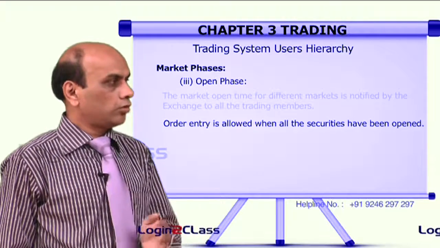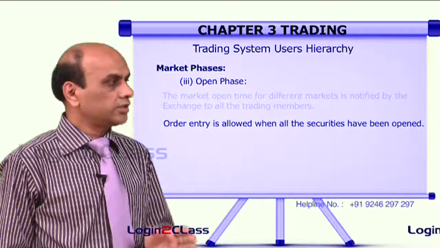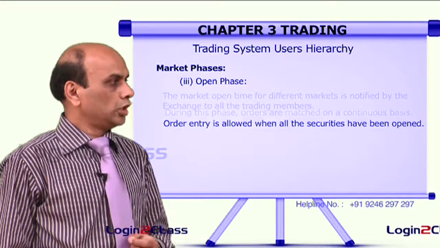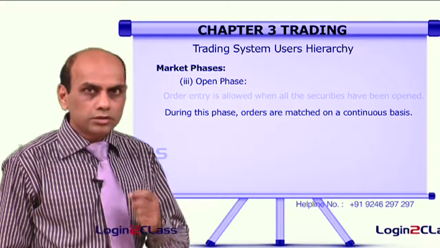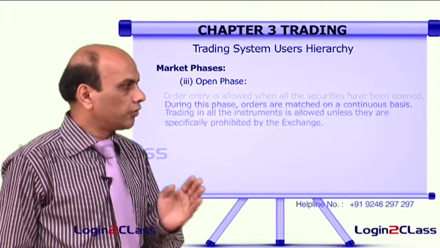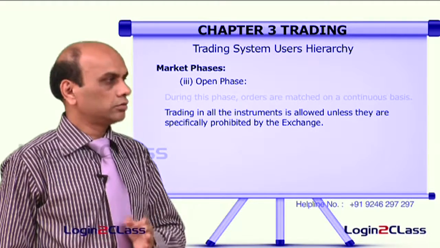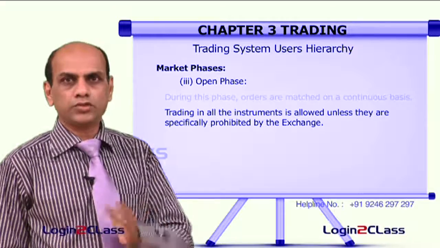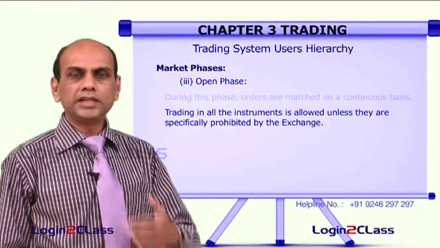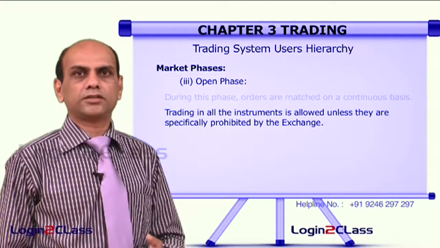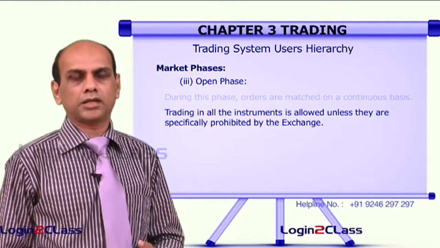Order entry is allowed when all the securities have been opened during this open phase. During this phase, orders are matched on a continuous basis. Trading in all the instruments is allowed unless they are specifically prohibited by the exchanges. That is, any security which is allowed for trading can be transacted during the open phase of the market.